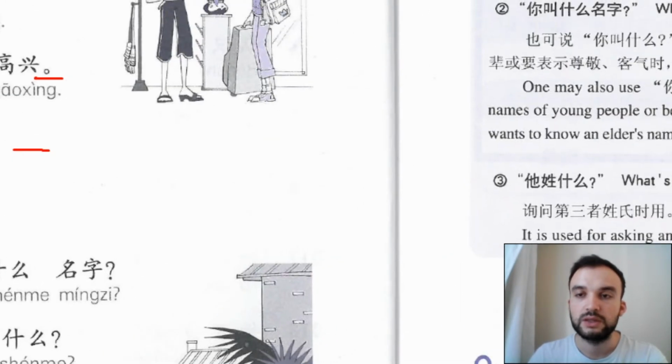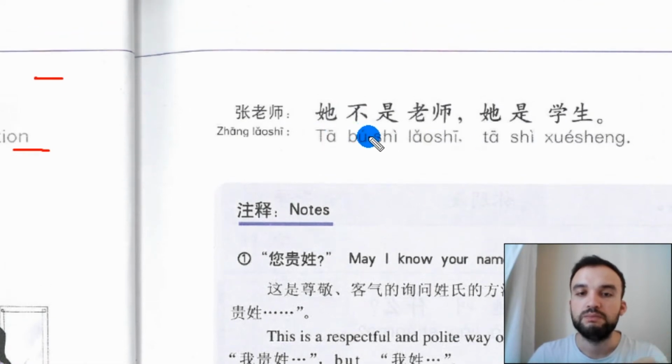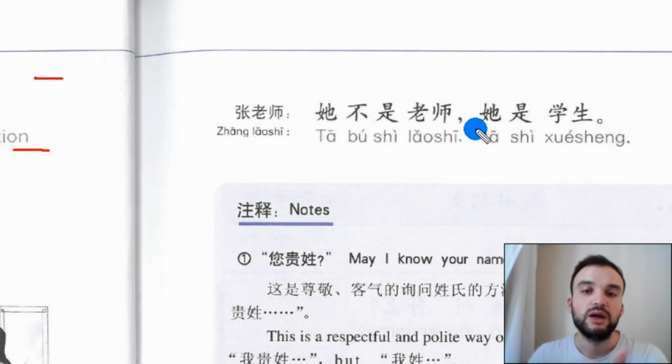And the last sentence here. 她不是老师，她是学生。She is not a teacher. 她是学生。She is a student.